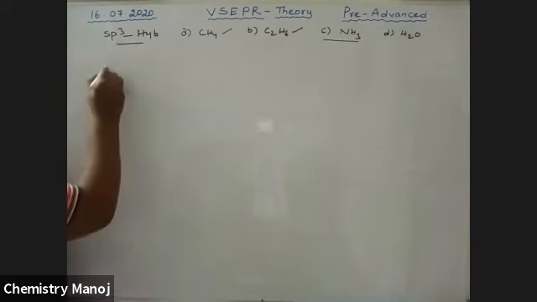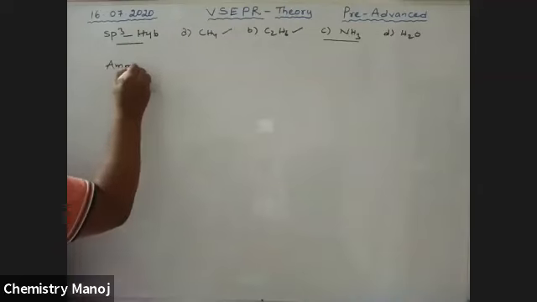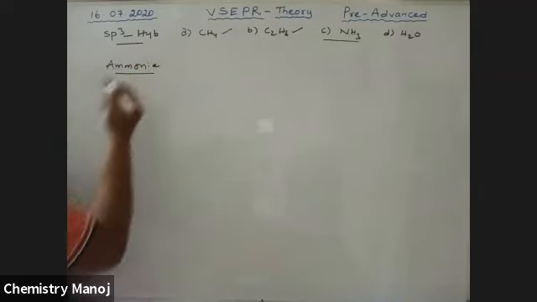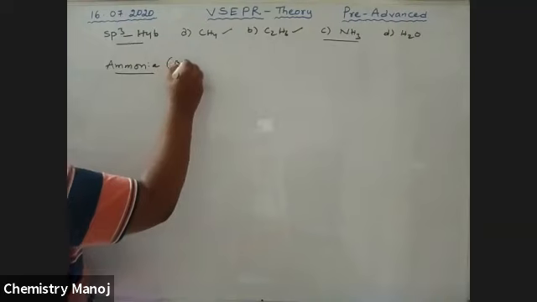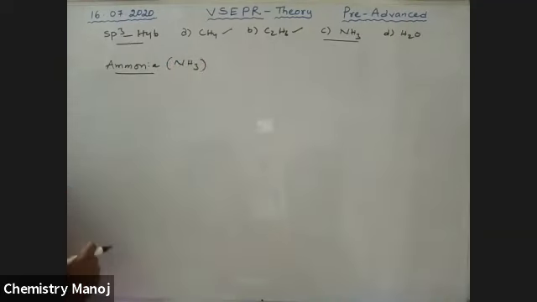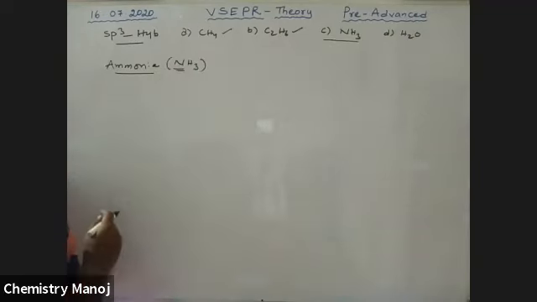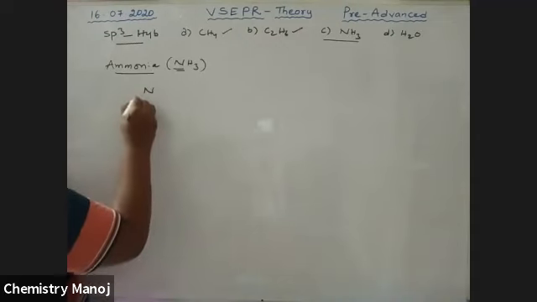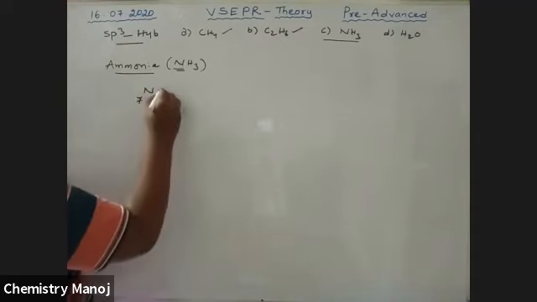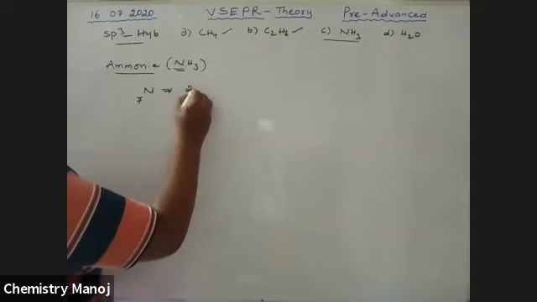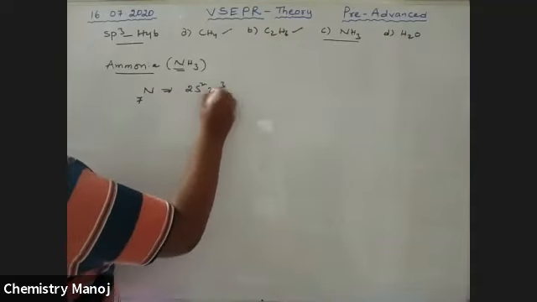See here, ammonia, its formula is NH3. So the central atom is nitrogen. Hybridization is possible only at the central atom. Nitrogen, atomic number 7, has outermost electronic configuration 2s2 2p3.